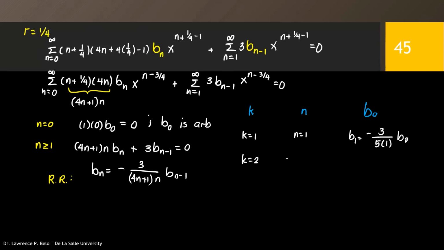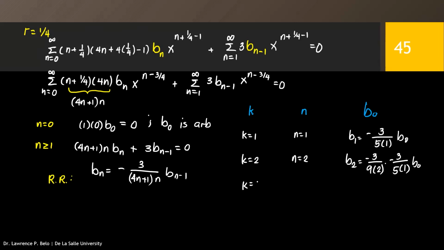When k equals 2, n is 2, b sub 2 is negative 3 over 9 times 2, b1. So let's just expand this.